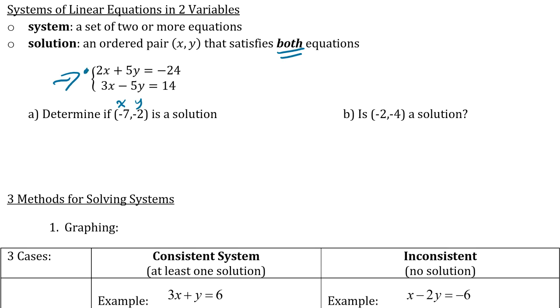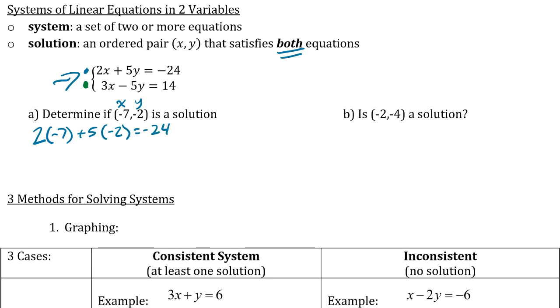I'm going to make the top equation blue and the bottom equation green, just so you can see when I'm doing something to one or the other. If we plug it into the top equation, we do 2 times x, which is -7, plus 5 times y, which is -2, equals -24.